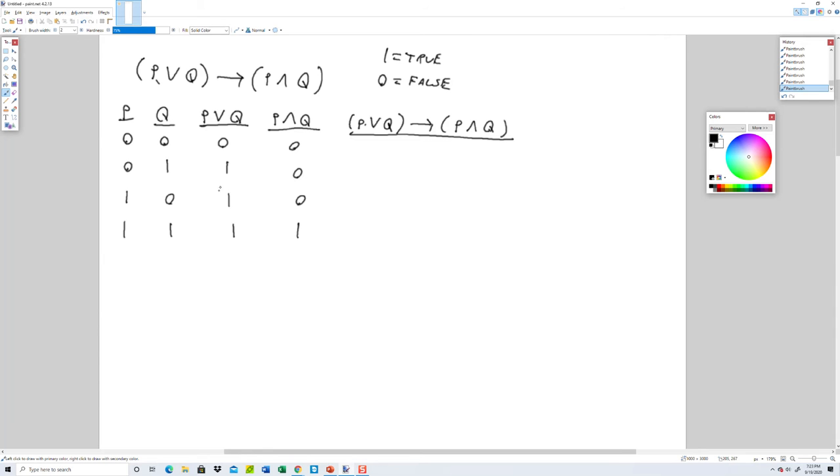So P to be true and Q to be false, that would be my 1 and then 0. That would give us false. So again, if this is true and this is false, then this is false. Otherwise, these are ones. And that would be our truth table.